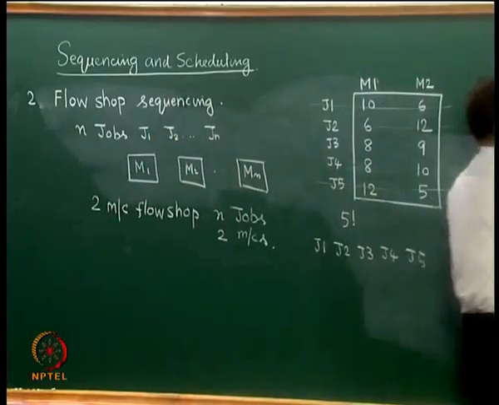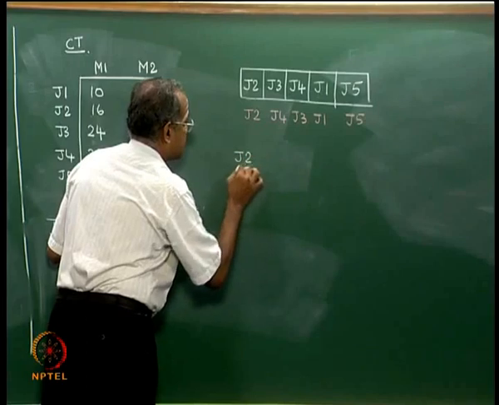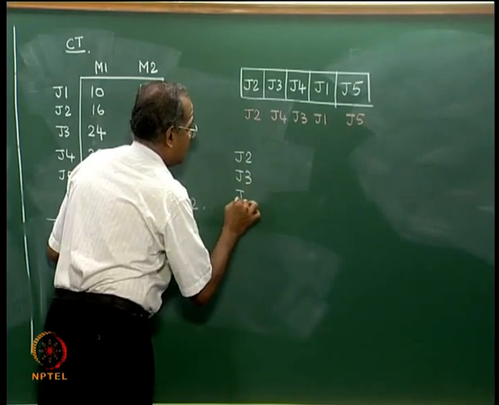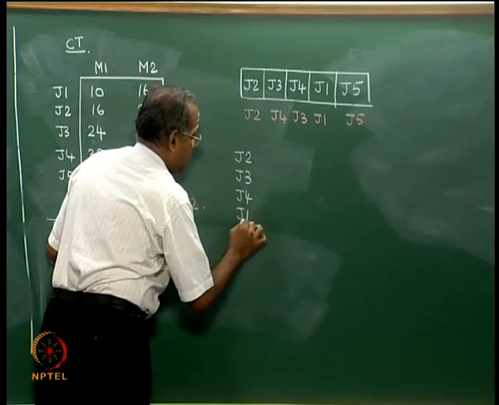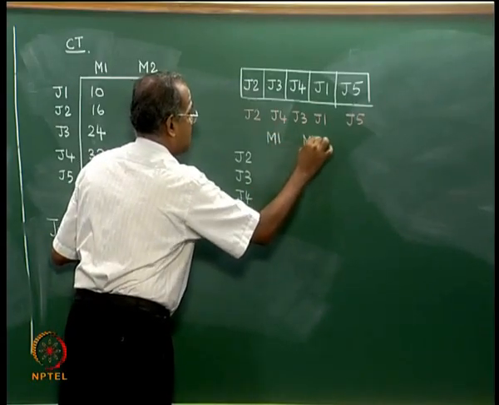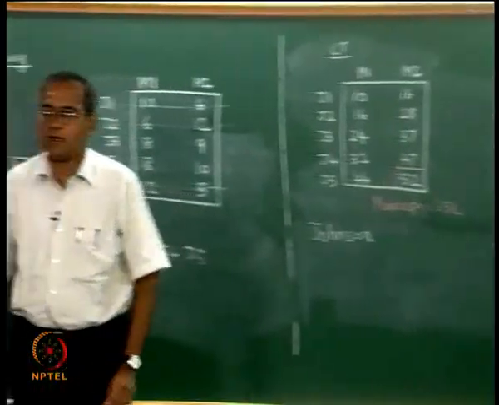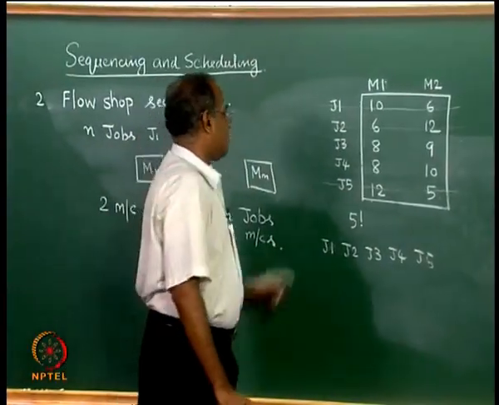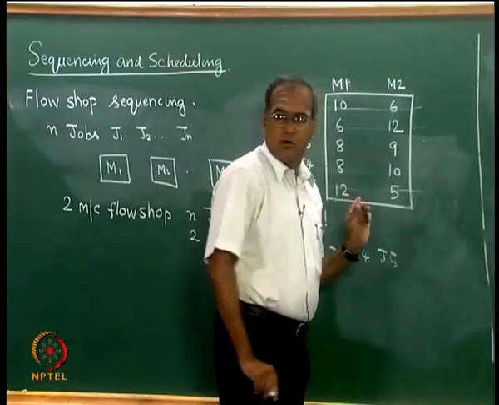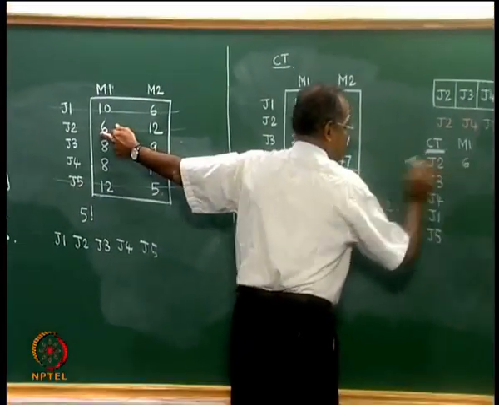We will first do that for this sequence. The sequence that we are taking is J2, J3, J4, J1 and J5, and we compute completion times on M1 and M2. J2 goes first, starts at 0, finishes at 6.